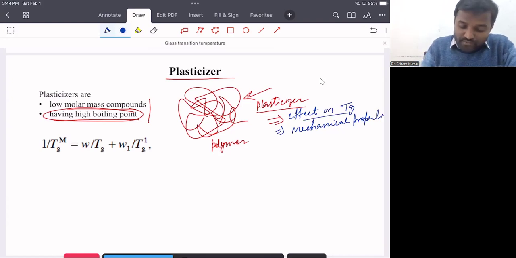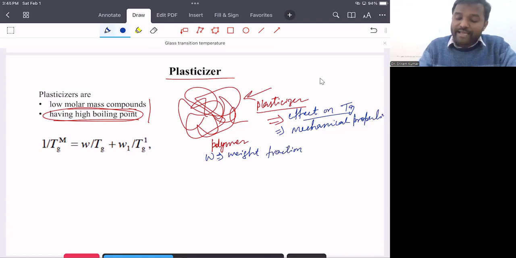Suppose we have the polymer, and W is the weight fraction.